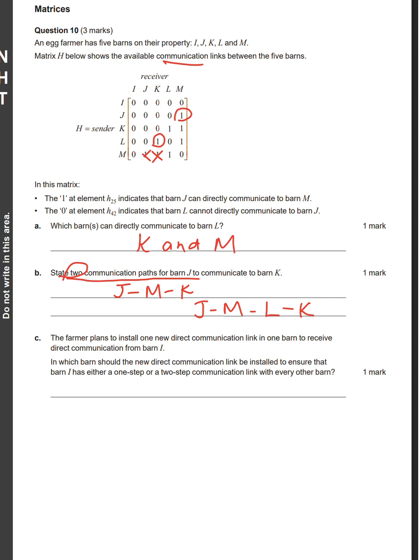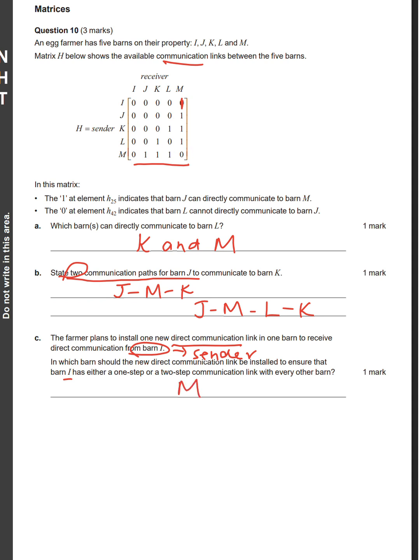All right, so the farmer plans to install 1 new direct communication link in 1 barn to receive communication from I. Okay, so that means I is the sender. Which barn should the new communication link be installed to ensure that barn I has either 1 or 2 steps with every other barn? Now, what we can see here is that M is the most useful because it communicates with J, K, and L. The only one it can't communicate with at the moment is I. But if I sends a message to M, then M can then communicate to all the other ones.